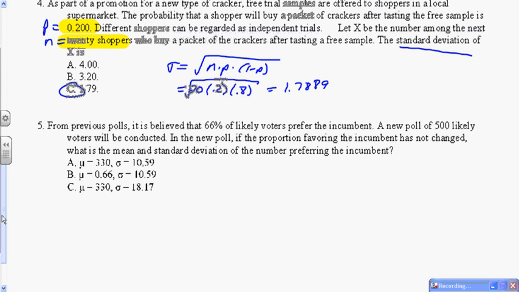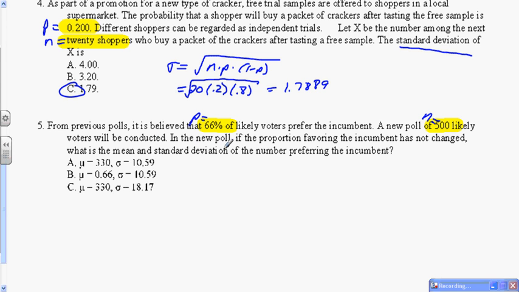Number 5. For previous polls, it is believed that 66%, that's our P, of likely voters prefer the incumbent. A poll of 500 likely voters, that's N, will be contacted.